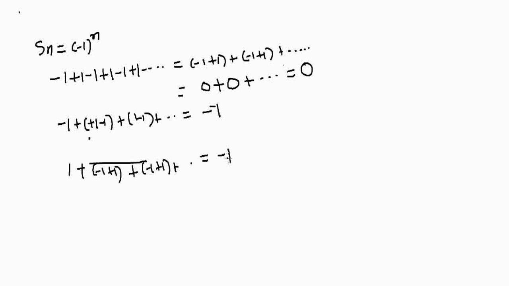In this sequence, if we take the summation of all the terms, then we get three different answers. One is 0, one is minus 1, and one is plus 1. These are the three different answers for the summation of minus 1 raised to n, and this is absurd.